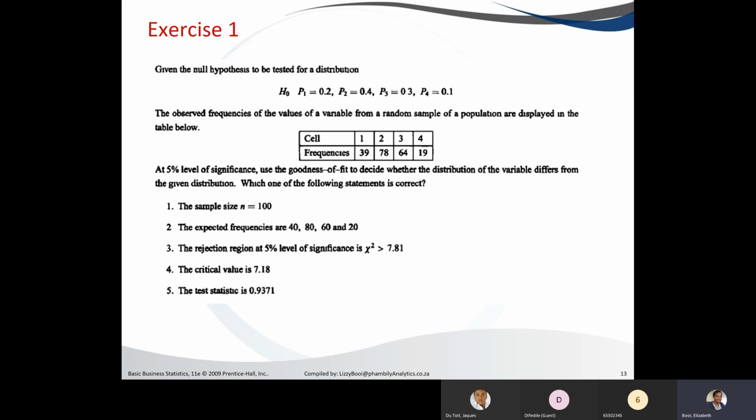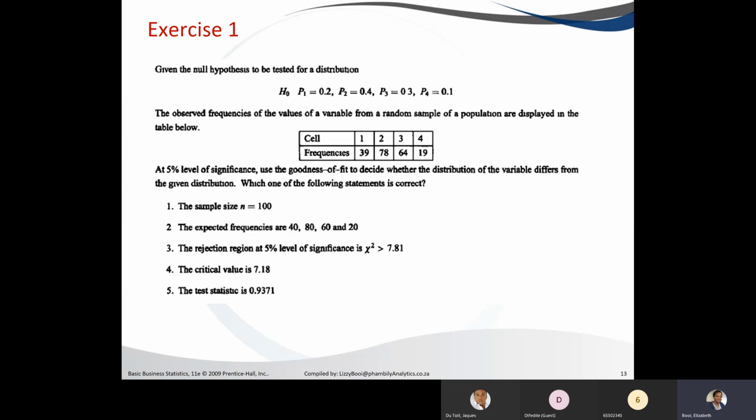So for example, now we are given all these values and they say the observed values are below. The null hypothesis is stated there. So we need to test if this distribution follows the same distribution for all the P's, and the alternative will say they are different.